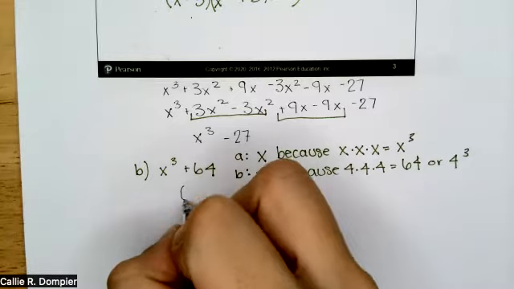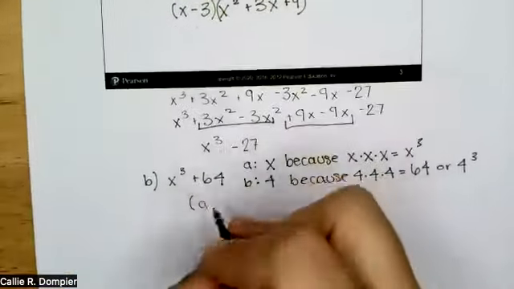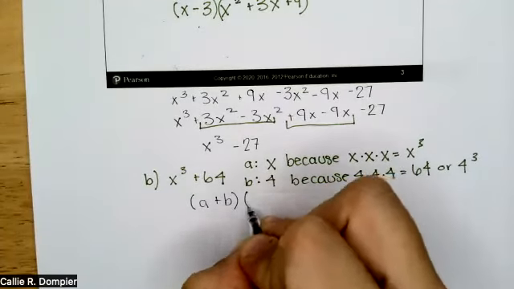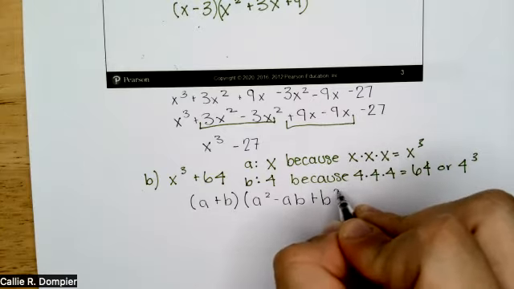Again, now we're doing the addition, the sum. A plus B times the quantity A squared minus AB plus B squared.